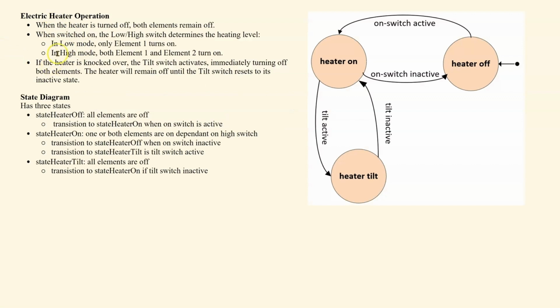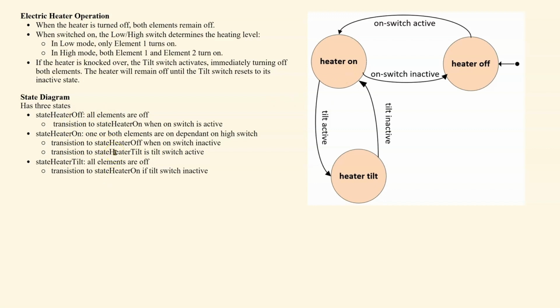I have rewritten the problem, and then I have created a state diagram. There are 3 states: heater off. When you turn the on switch, the heater is on. If you turn the off switch off, the heater goes off. If the heater is on, tilt is active, then the heater is in the tilt mode, else it goes back to heater on. And you can see the outputs and the transition points here.